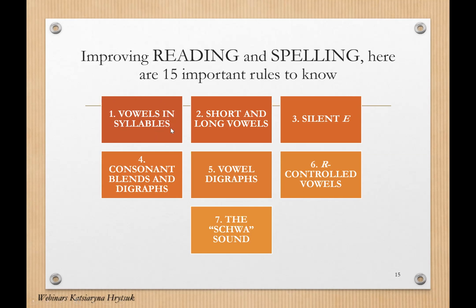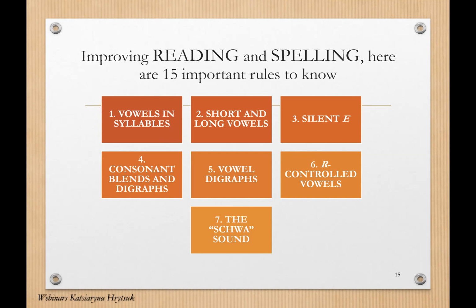The first one is vowels in syllables. You can make some notes, for example, write number 15, like 15 rules. Then when you watch the second or third time, you will know what you need to focus on.